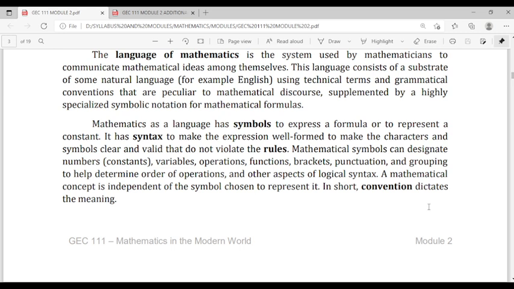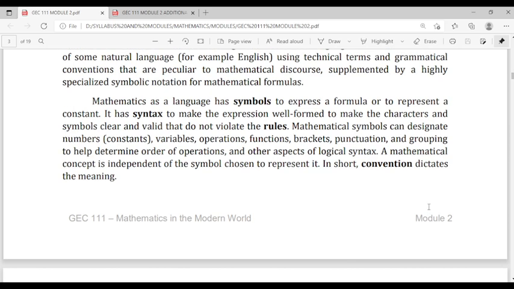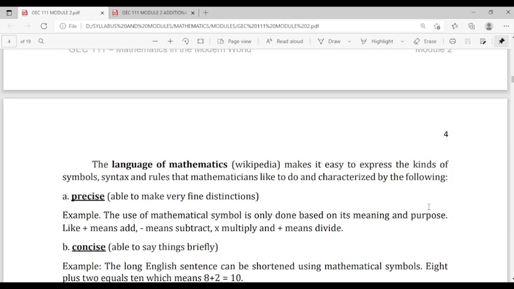These are mathematical symbols to help determine order of operations and other aspects of logical syntax. Convention dictates the meaning. Another definition: the language of mathematics makes it easy to express the kinds of symbols, syntax, and rules that mathematicians like to do, and is characterized by the following.